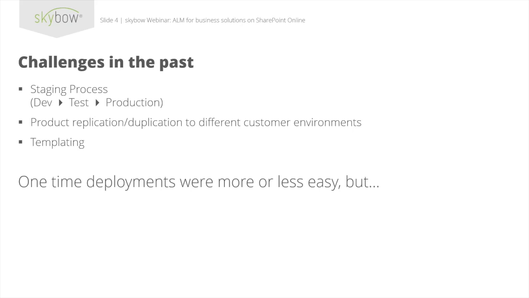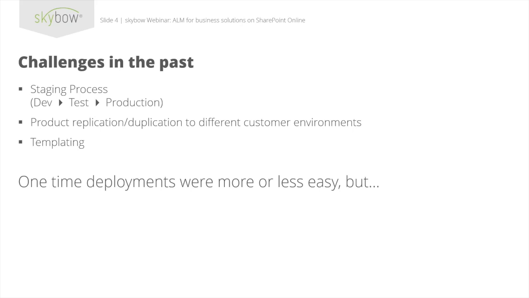The same was for product replication or duplication. If you want to create a product, that's what a lot of companies did, like creating a contract management or whatever, and they want to replicate it for several customers, and then of course do adjustments afterwards for each customer.